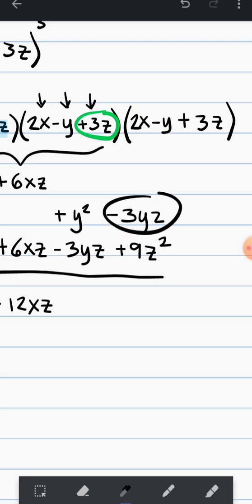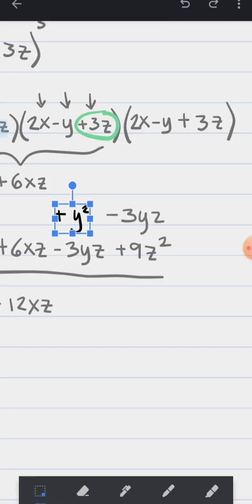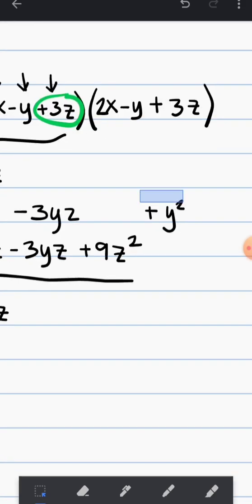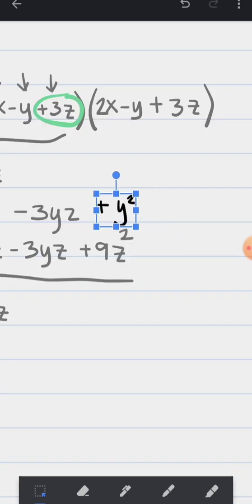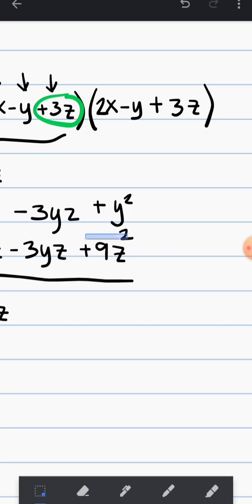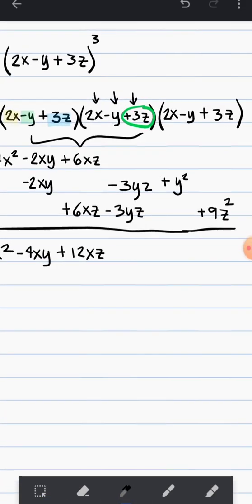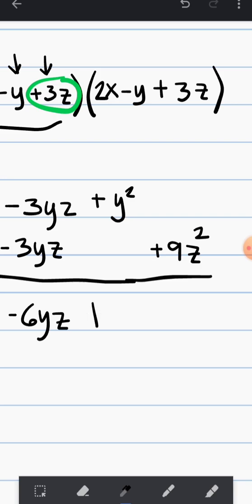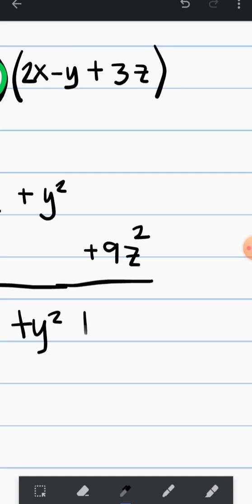But here, we can. They're both yz. So we can move this here and line it up here, and this term here and there. There you have it. So negative 3yz minus 3yz is basically negative 6yz, and then plus y squared and plus 9z squared.